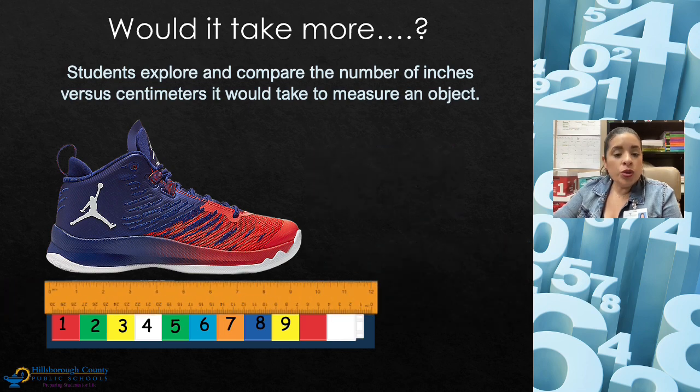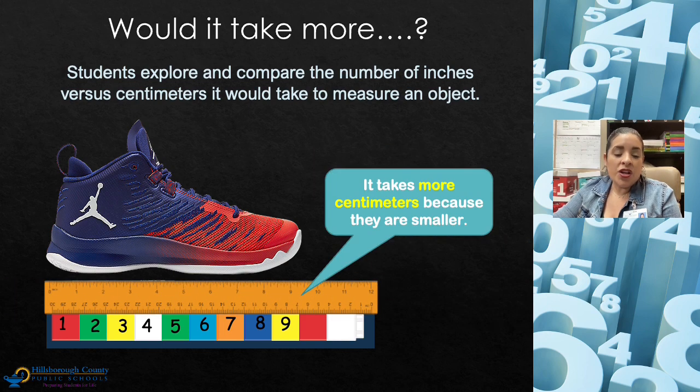Now we can put a ruler and we can ask a similar question. Does it take more centimeters or more inches? And it takes more centimeters because they are a smaller unit. This is something that you want to thread throughout your unit so that students can continue relating and understanding the size of inches versus the size of centimeters.